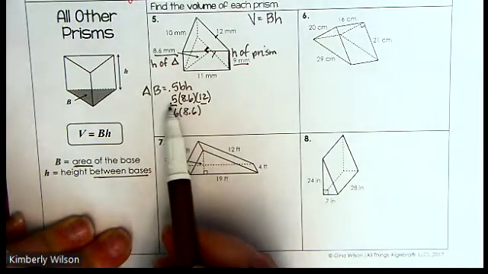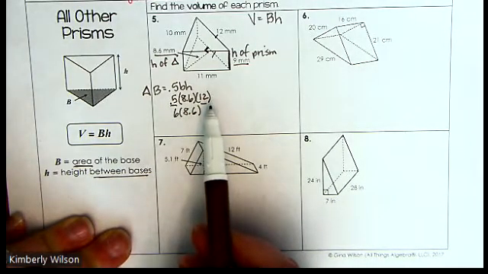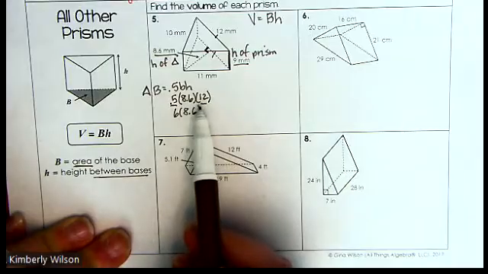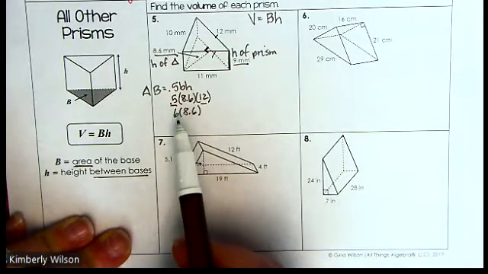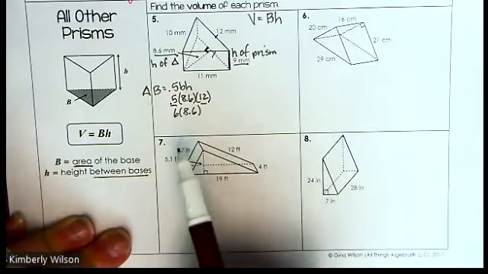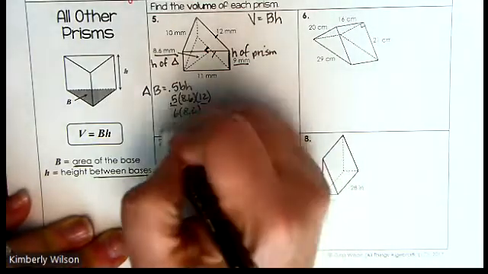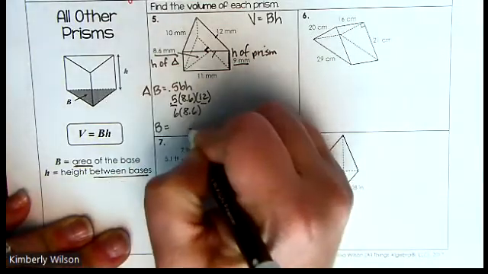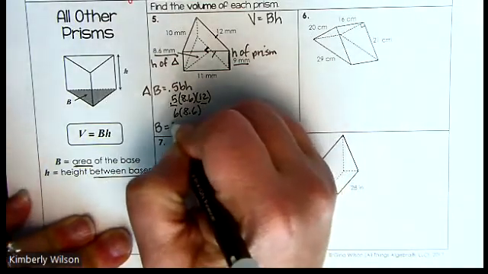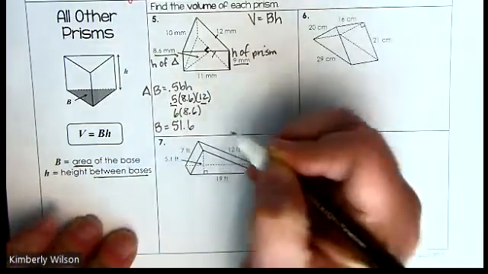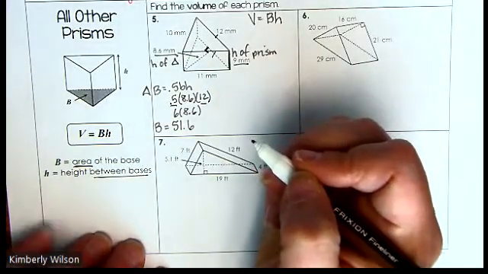I very much know you can punch this straight into the calculator and get an answer. If that's all you do, I will take points off. You have to show every individual step. The calculator is there to do calculations for you, not to complete the entire problem, because you will not always have a calculator. So we have 8.6 times 6. Therefore, the capital B is 51.6. That's the area of the base.